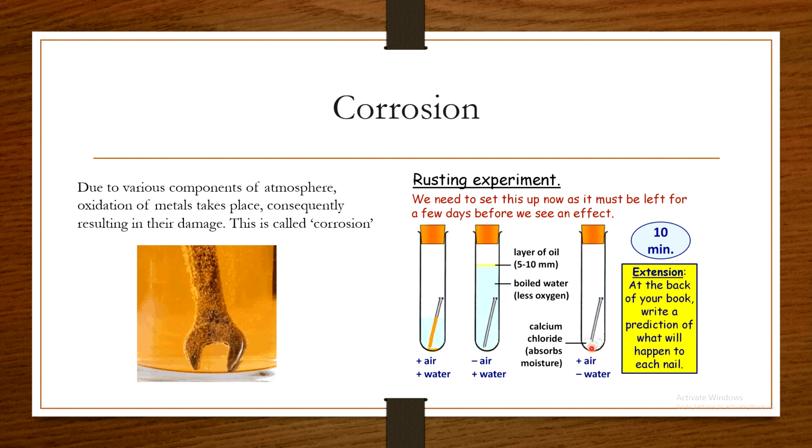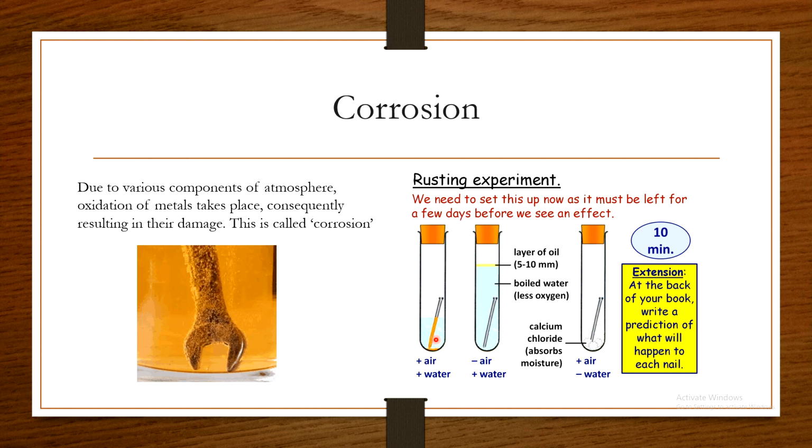If the iron is not in contact with air or water, then there is no rusting, or the process may be slower. So corrosion and rusting are two different things. If iron is exposed to air and water, it gets rusted.